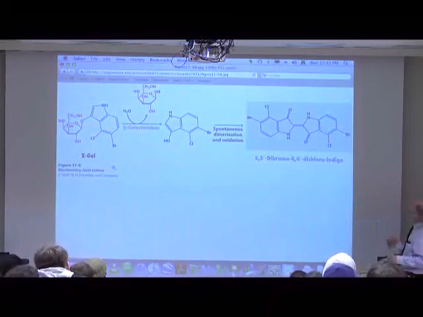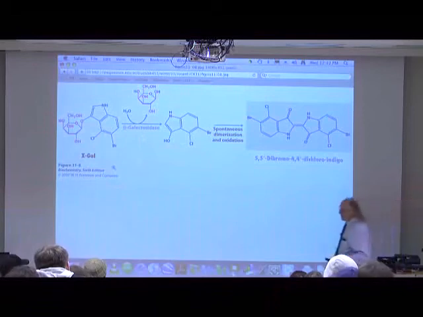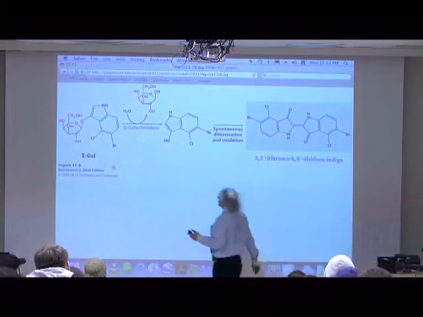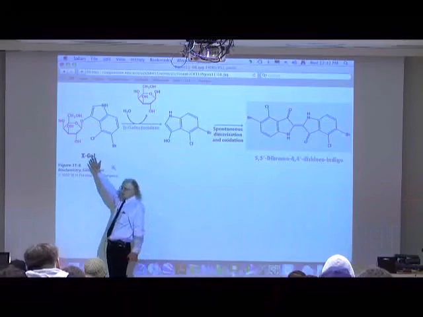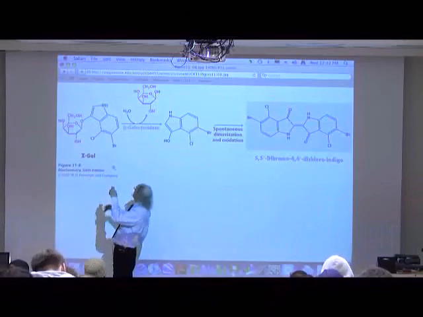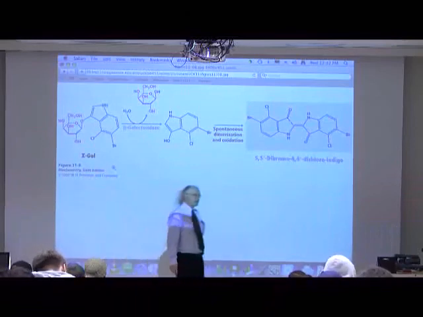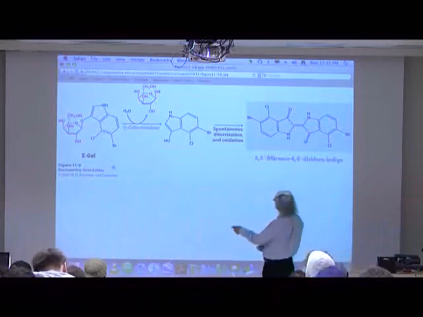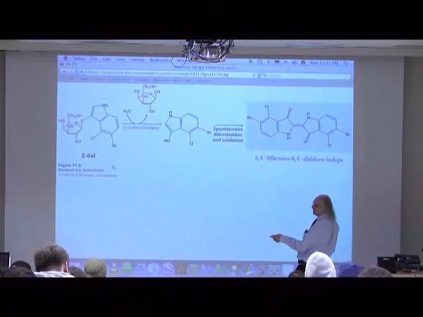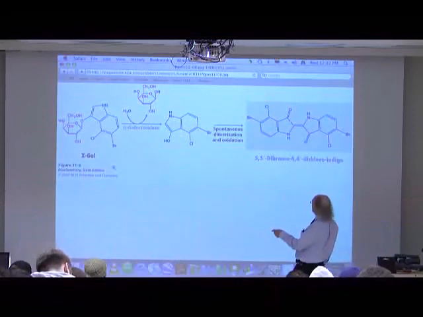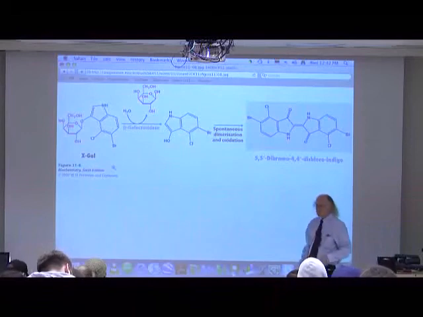Well, a similar thing happens with this. X-gal is a molecule that's made in a laboratory. It's an artificial substrate that works with beta-galactosidase. That is, beta-galactosidase will catalyze a reaction on it and release a molecule that spontaneously gives a blue color.